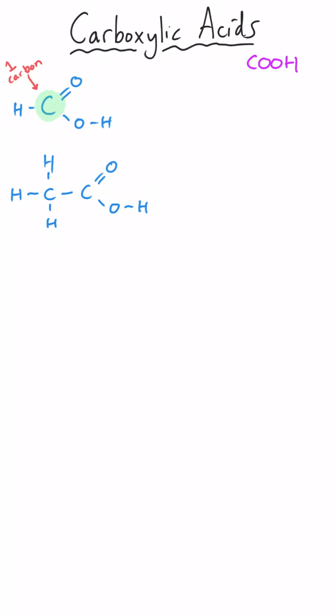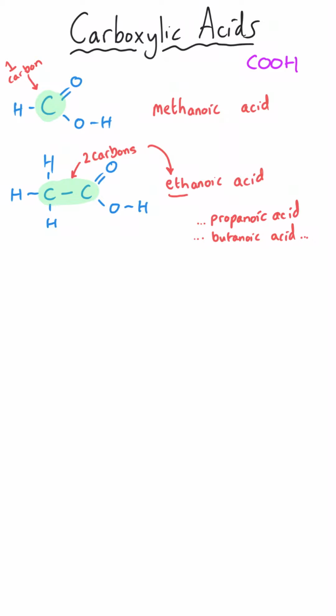So we know that its name is going to begin with meth, and it is methanoic acid. And then the second carboxylic acid has got 2 carbon atoms in its chain, so that's going to be ethanoic acid. And then it becomes propanoic acid, butanoic acid, pentanoic acid, etc.